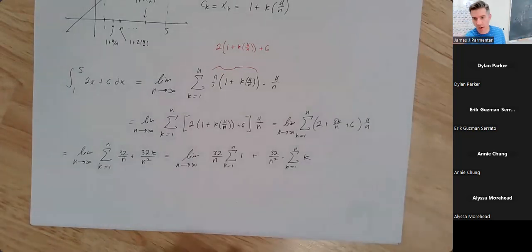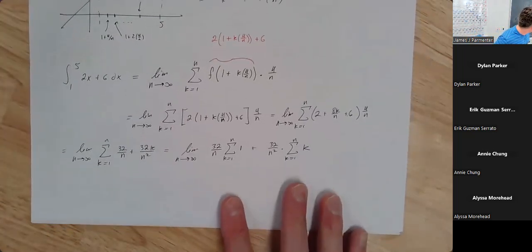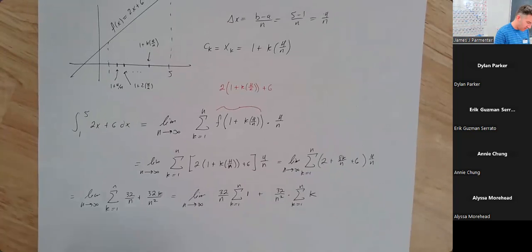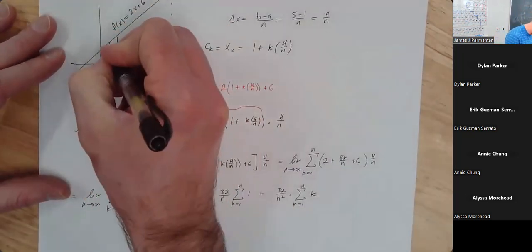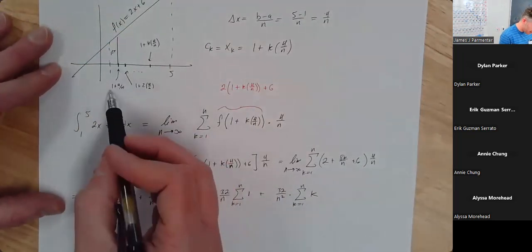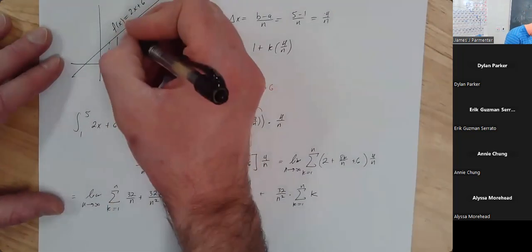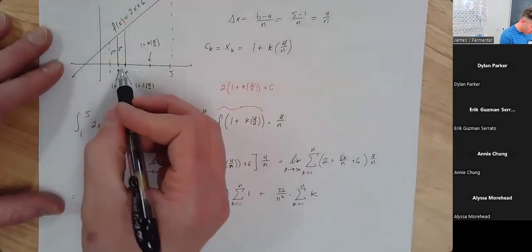Can you explain one more time how you got the 1 plus k times 4 over n? Yes. So the way I'm doing that is I'm seeing that if I'm in my first subinterval, the right endpoint is 1 plus 4 over n. And in my second subinterval, I've moved another 4 over n over.